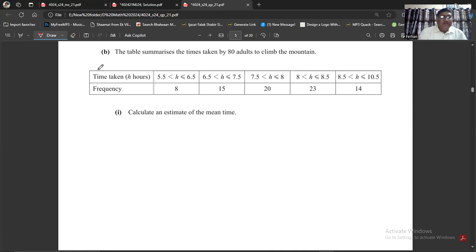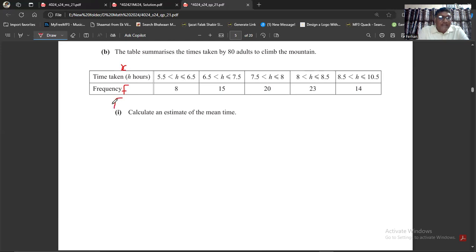So very easy, we will find the mid value of each class. How do you find the mid value of each class? You add these two boundaries with each other, and whatever is the sum, you divide it by 2. And that gives you the mid value of that class. Let me call that mid value x. Then I will multiply it with the frequency, and I will get fx.